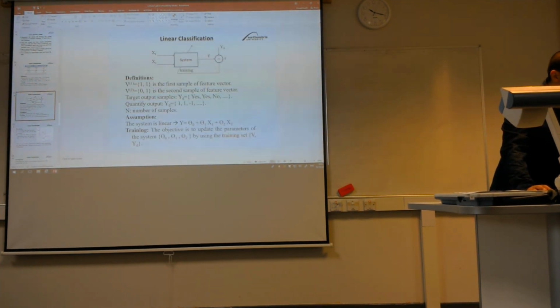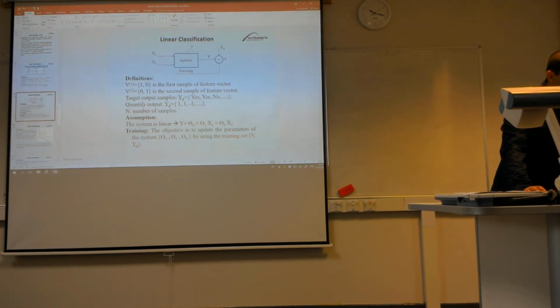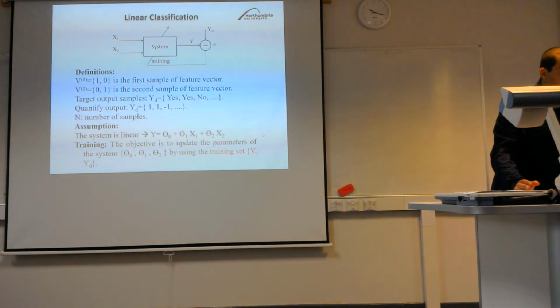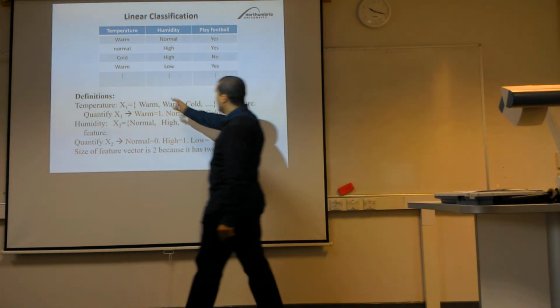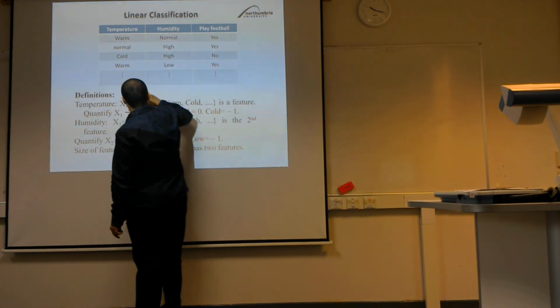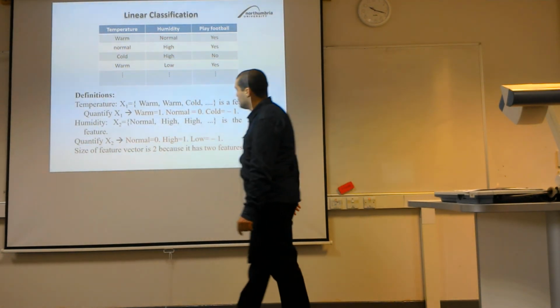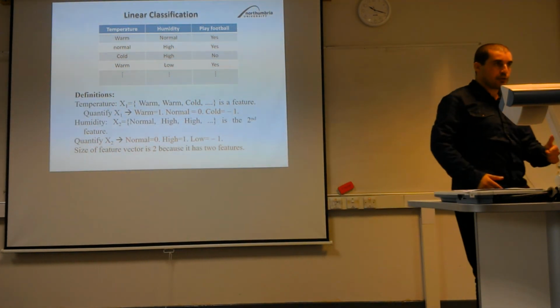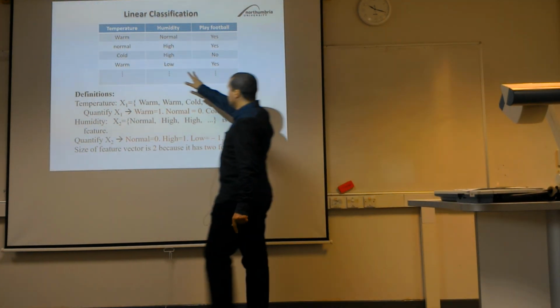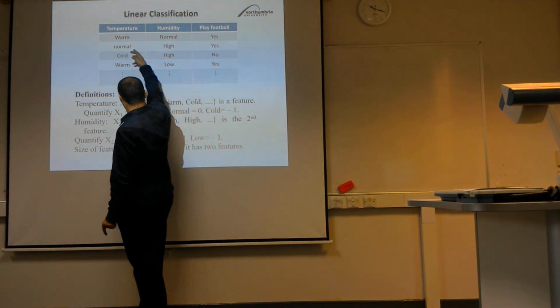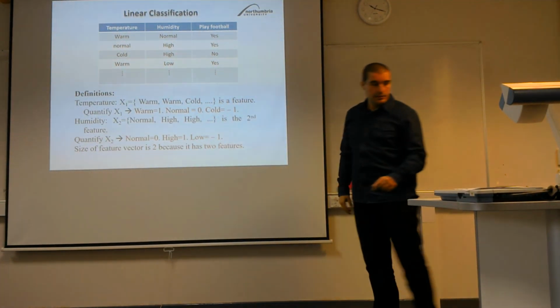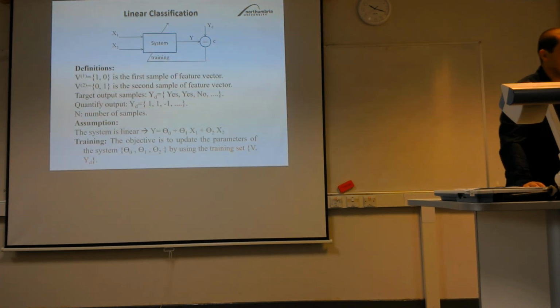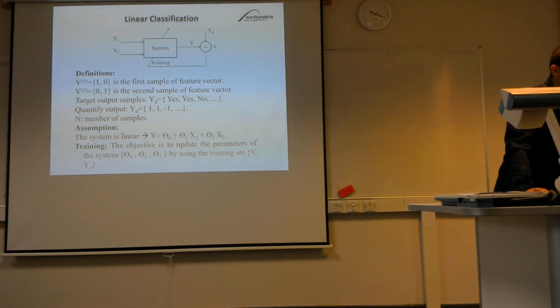I think this is a typo here. It should be 1, 0 because for the first sample we have warm, so 1, and normal is 0 for the second feature. And the second sample, we have normal, which is 0, and high is 1. So the second sample is 0, 1 of the feature vector.